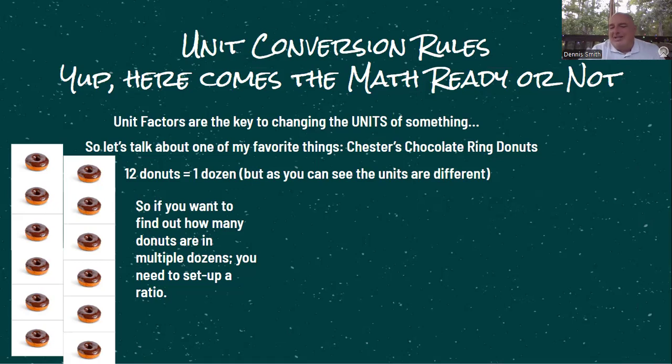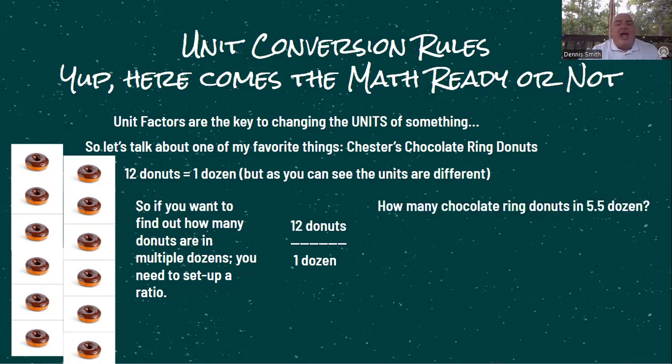Okay. So let's say I'm particularly hungry one day and I want 5.5 dozen chocolate ring donuts. So here's your setup. Here's your ratio: 12 donuts over 1 dozen. That's what it is. Okay. So you have your 12 donuts equal a dozen. You set that up in a ratio: 12 donuts equals 1 dozen.